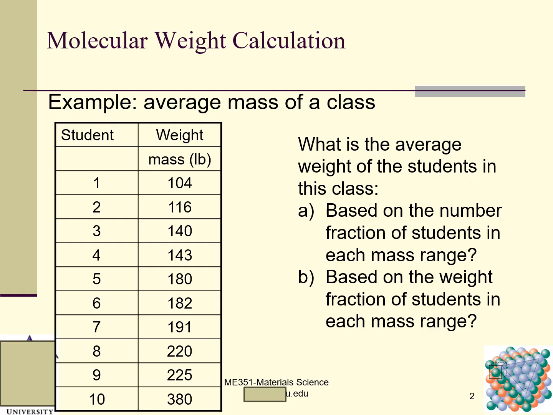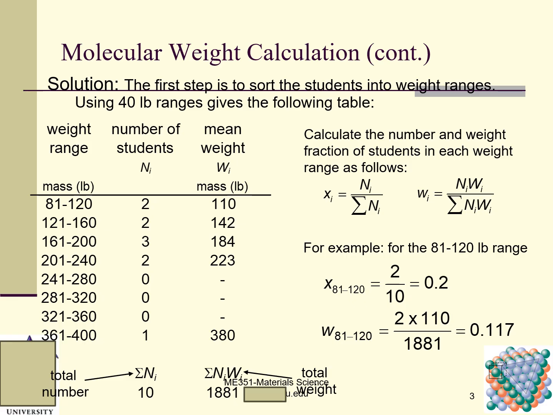First, based on the number fraction of students in each mass range, and second, based upon the weight fraction of students in each mass range. This weight fraction and number fraction. I wanted to use this example to illustrate how we calculate the weight for the molecule.